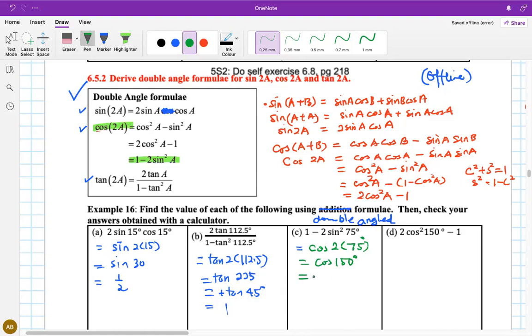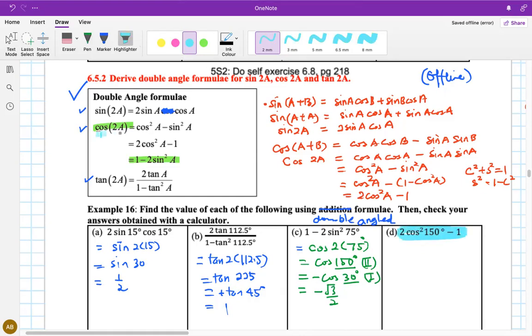Cos 150 is negative cos 30 degrees, because it is in quadrant 2, and the reference angle is in quadrant 1. In quadrant 2, cos is negative, therefore negative cos of the reference angle. So you get negative square root 3 over 2. Then lastly, 2 cos.